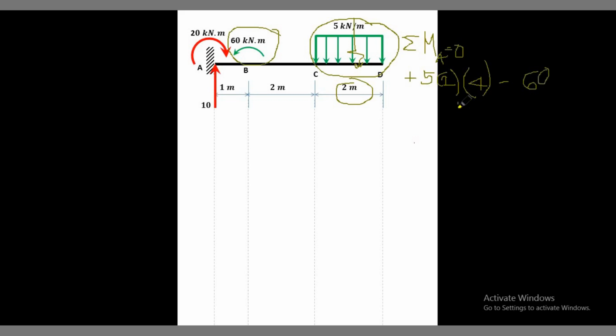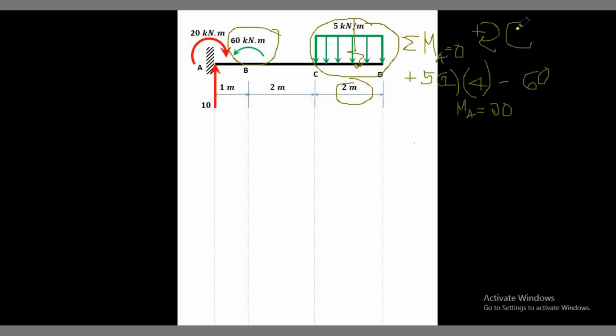The moment now at point A is equal to 5 times 2 times 4 minus 60. 20 kilonewton meter. Now, that is clockwise. Okay? Then, meron tayong 10. Take note, ang ginagamit ko kasi dito, kapag clockwise, positive.